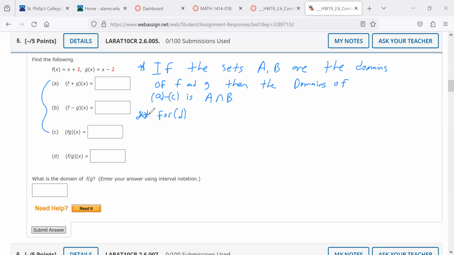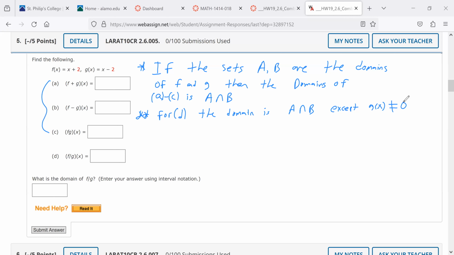Second one, double star. For D, the domain is A intersect B, except G cannot be zero.